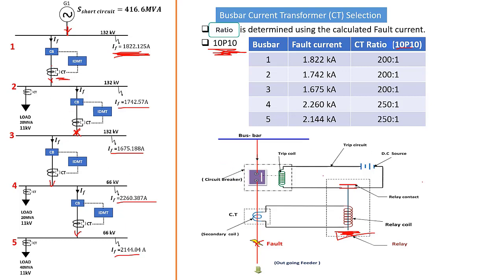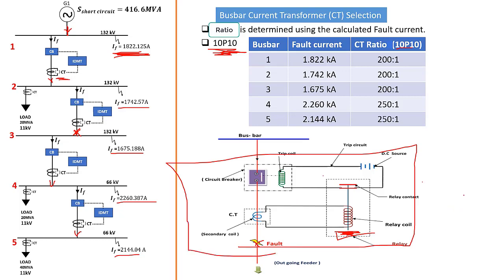That's what we're going to implement here by selecting a proper current transformer, IDMT relays and the circuit breaker. That's what we're going to achieve, the same operation right here. So that's basically how protection is ensured on bus bars. So this is a fundamental.